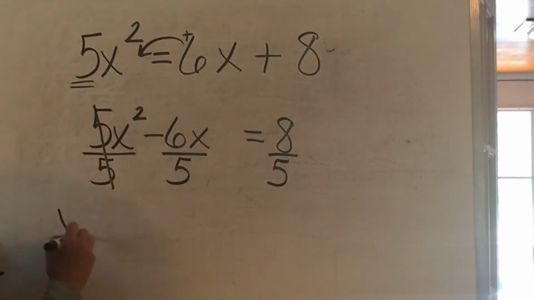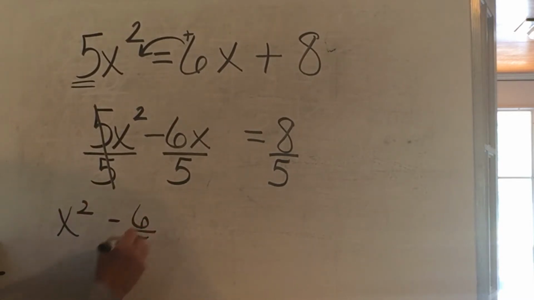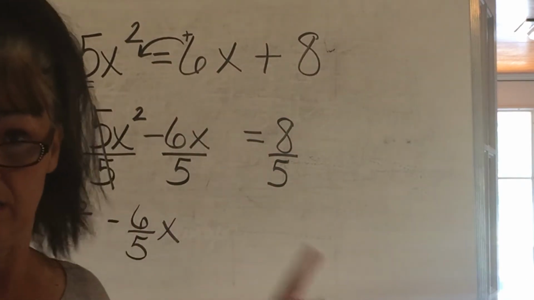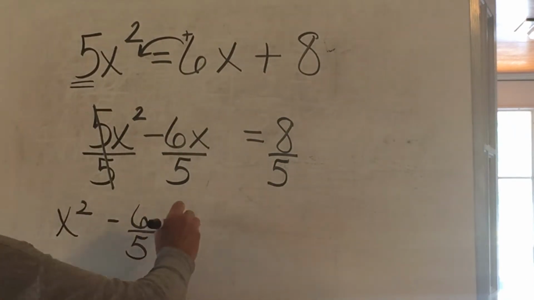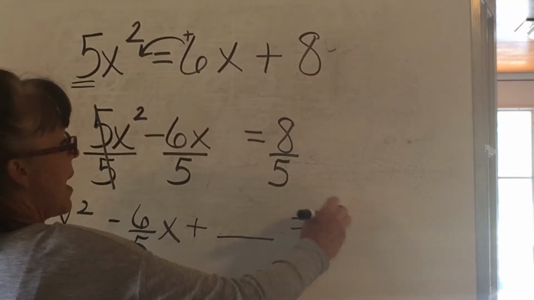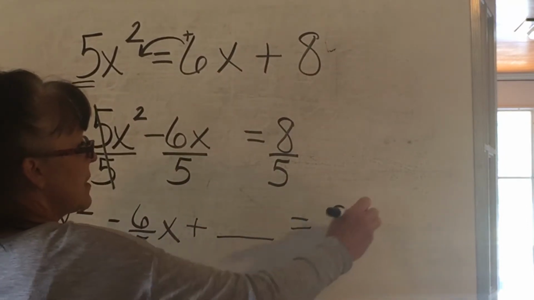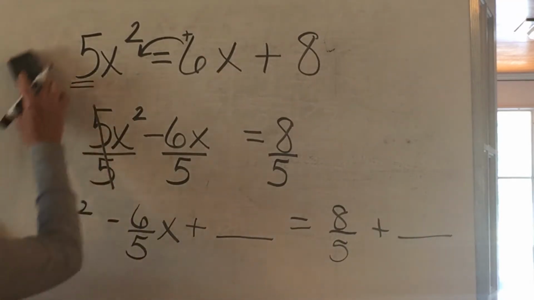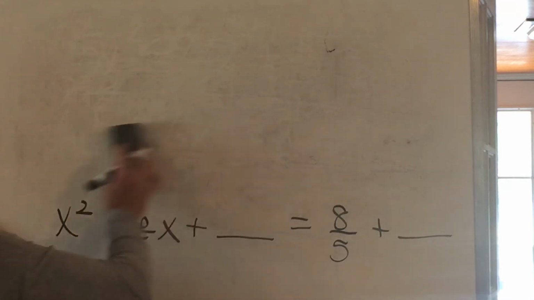Now, that gives you x squared minus 6/5 x. Okay. Now, there's our fraction. All right. Plus a blank equal 8/5 plus a blank. Then we have to figure out that blank.